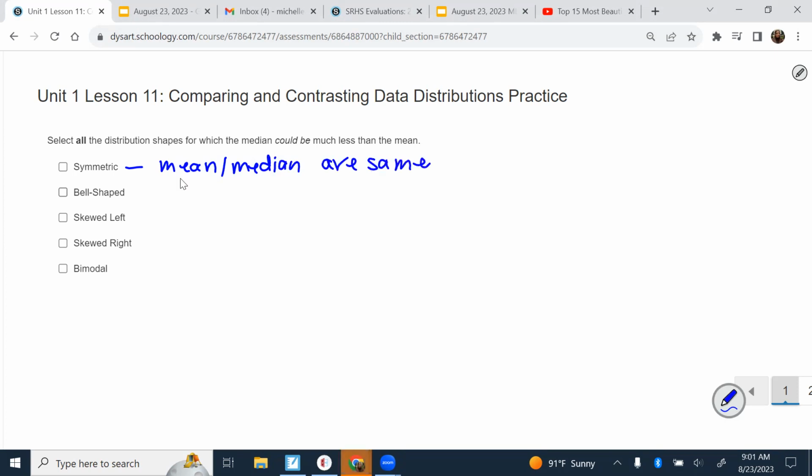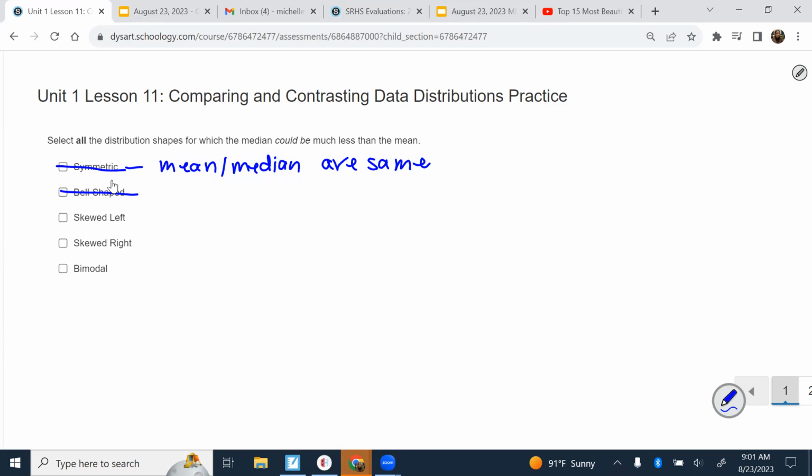In that case, any others that are symmetric, we're also not going to pick because the question's asking for which the median could be much less than the mean. So which else is symmetric that we're going to exclude from our answers? Bell shape. So yeah, we're going to exclude bell shapes because the mean and median should match.